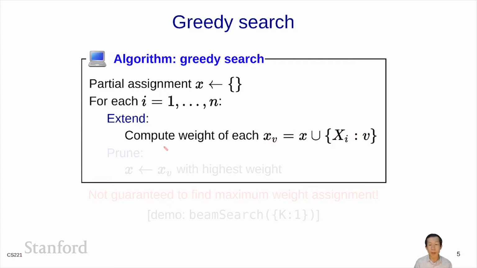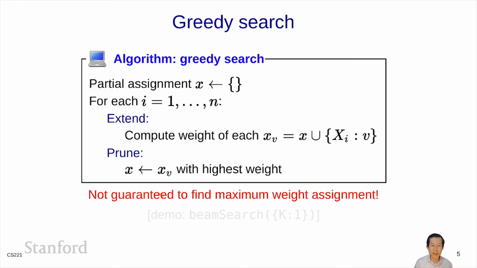Then I compute the weight of each of these xv's and choose the one with the highest weight. An important caveat is that this is definitely not guaranteed to find the maximum weight assignment, even though locally it appears to be optimizing and finding the value with the best weight.